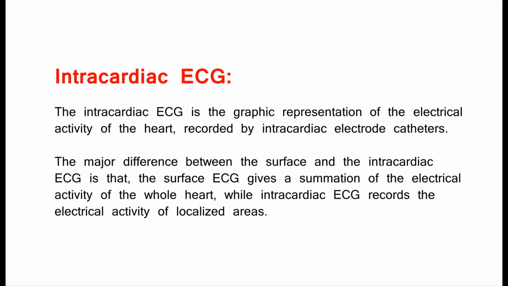Intracardiac ECG. The intracardiac ECG is the graphic representation of the electrical activity of the heart, recorded by intracardiac electrode catheters. The major difference between the surface and the intracardiac ECG is that the surface ECG gives a summation of the electrical activity of the whole heart, while intracardiac ECG records the electrical activity of localized areas.